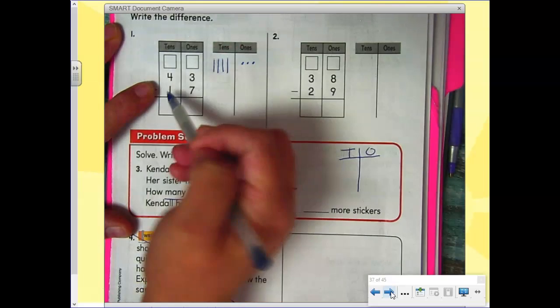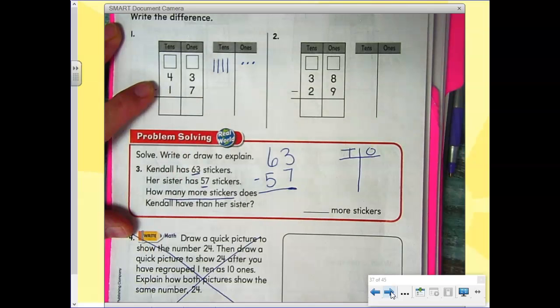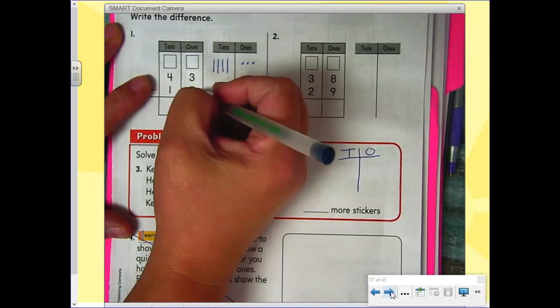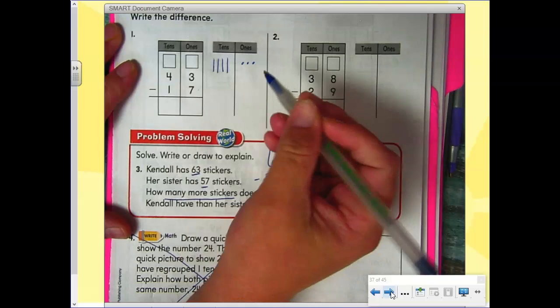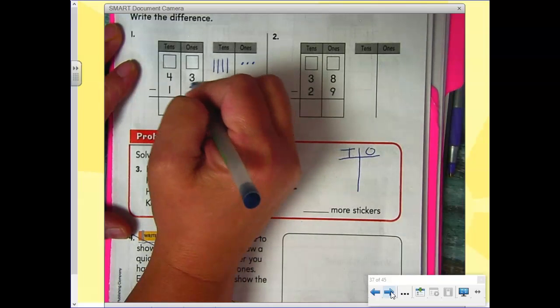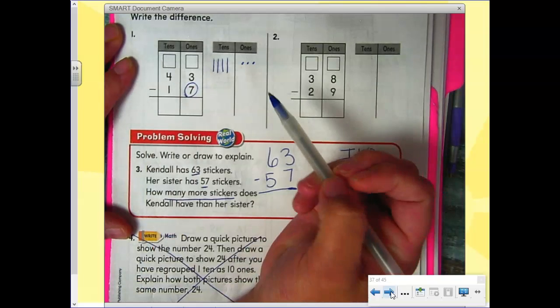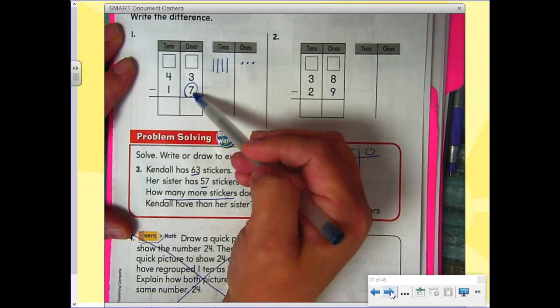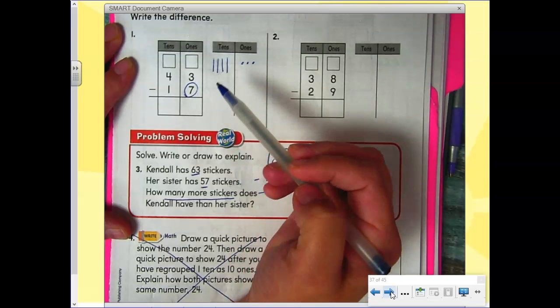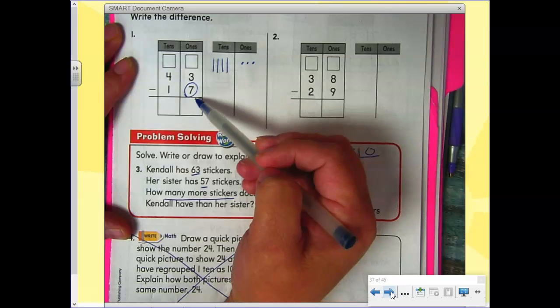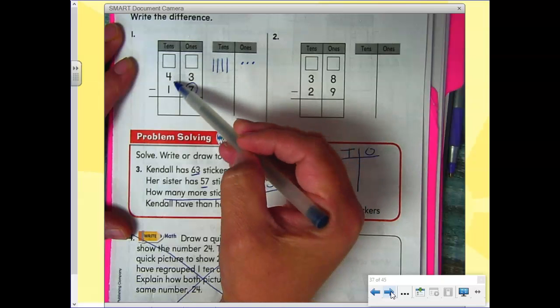Now we need to subtract 17. Now if I look in my ones column and I circle my big number, which is 7, I see that my big number is where? It's on the bottom. If your big number is on the bottom, we're going to have to do what? Go next door and grab 10 more.